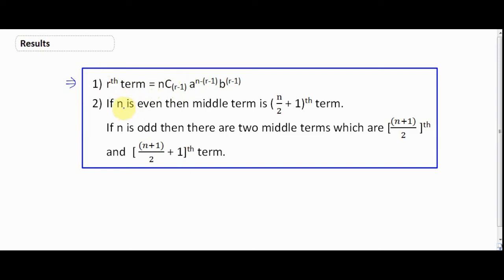Now here, if n is even, then the middle term is the (n/2 + 1)th term. And if n is odd, then there are two middle terms, the ((n+1)/2)th term and the ((n+1)/2 + 1)th term. So we have two middle terms when n is odd. These two points are very important, so please make note of this.